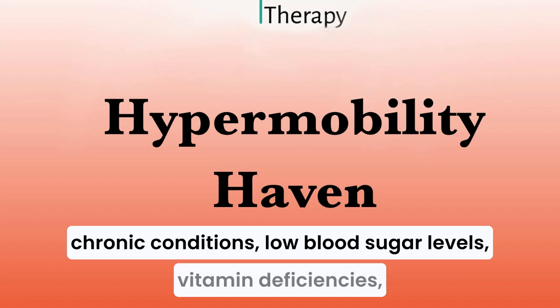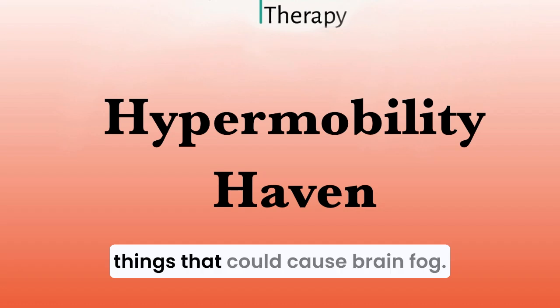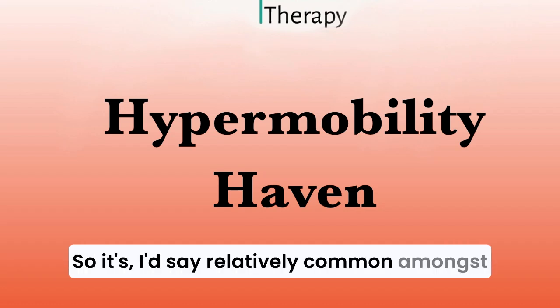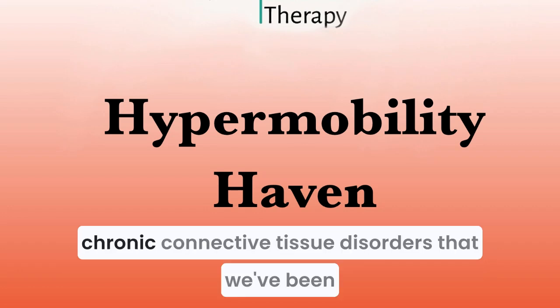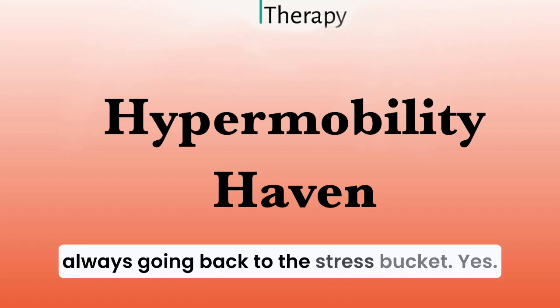Low blood sugar levels, vitamin deficiencies, sleep deprivation, poor diet, stress, mental health. There's a whole variety of different things that could cause brain fog. So it's, I'd say, relatively common amongst the chronic connective tissue disorders that we've been discussing, particularly as we are always going back to the stress bucket.